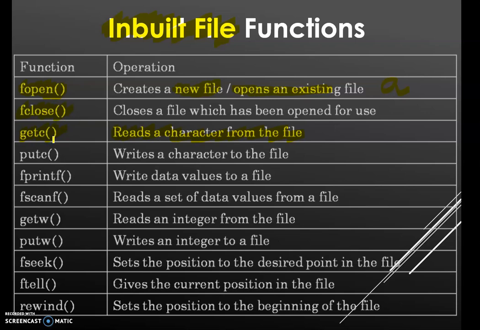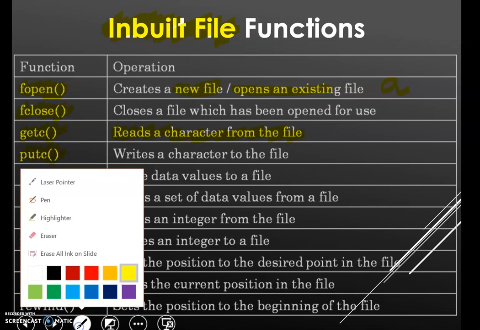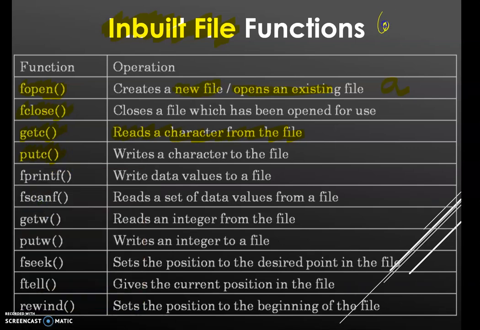But let's say you want to write something in the file. In that case, you can use putc. Suppose you have content on the console, and you want to write the same content to a file; in that case you can use putc. But keep in mind, both these functions read and write the content character by character, so one character at a time.